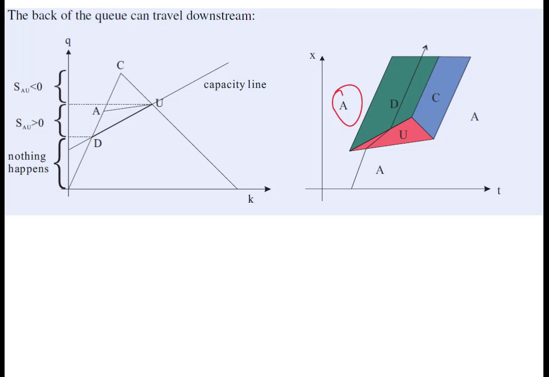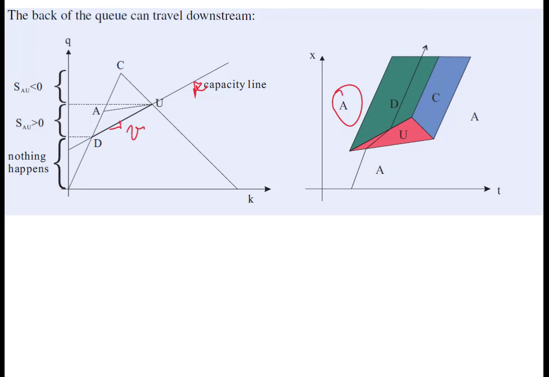See here, this is what we're going to call the capacity line of the moving bottleneck, the line with slope V. The reason we do that is because it's not clear whether D or U should be the capacity of the system with moving bottlenecks.